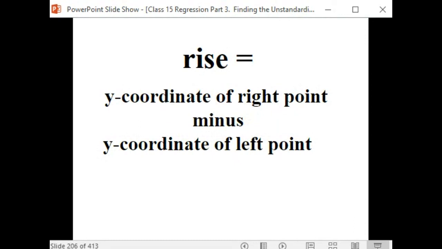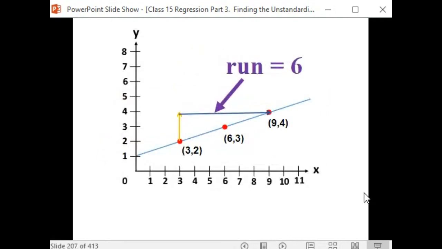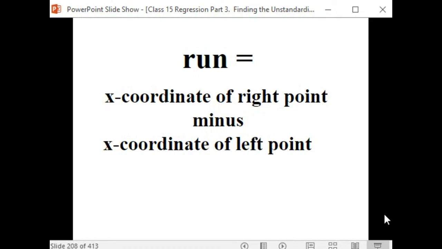And the rise, if we want to calculate it, is equal to the y-coordinate of the right point minus the y-coordinate of the left point. The run is the horizontal distance between the 2 points. In this example, the run is equal to 6. And the run is equal to the x-coordinate of the right point minus the x-coordinate of the left point.